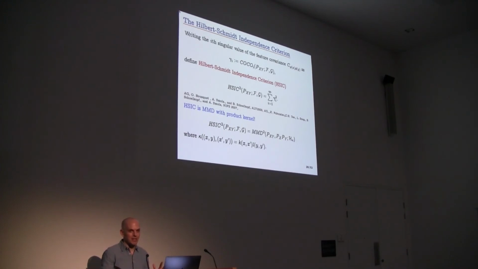It's a much narrower question. To answer that question, you can prove that it's sufficient just to use a product kernel where each of the kernels are individually characteristic to their marginals. But you don't need the much harder problem of looking for a kernel characteristic to the joint domain. So that's a very good question. You're right to call me out on being a bit more rigorous about that.